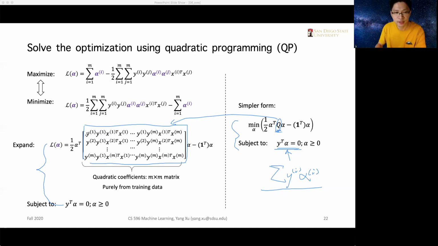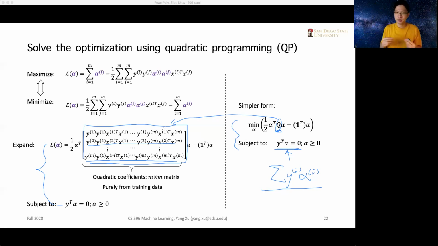If we look at the first row, it is y1 times y1 times x1 dot x1, until y1 times ym times x1 dot xm. And the second row is for y2, and the last row is for ym. So this whole matrix is from the data. Given any data, you're able to immediately construct a large matrix.